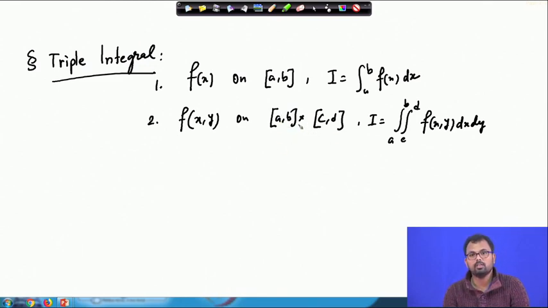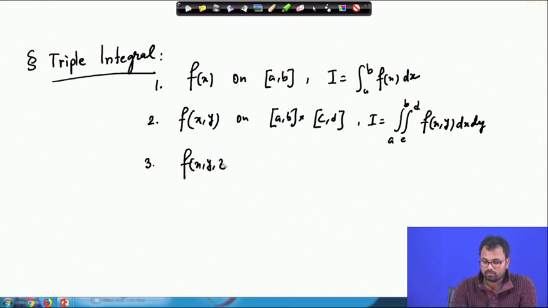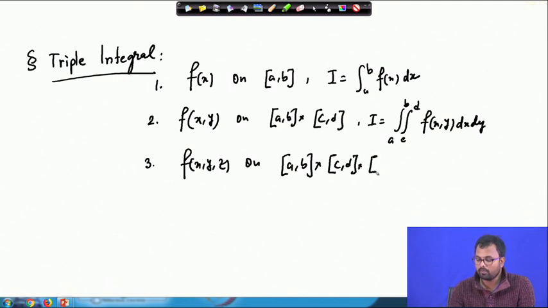Instead of a rectangle we can also have a region in a 2D setting, but instead we can also have a 3D setting. Suppose we have a function f(x, y, z) defined on a rectangular parallelepiped a to b, c to d and e to f. Here in this case also we can talk about a triple integral.